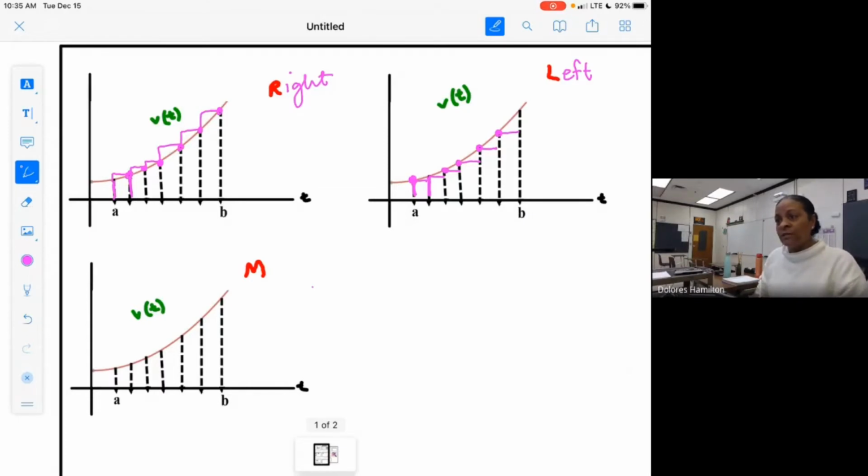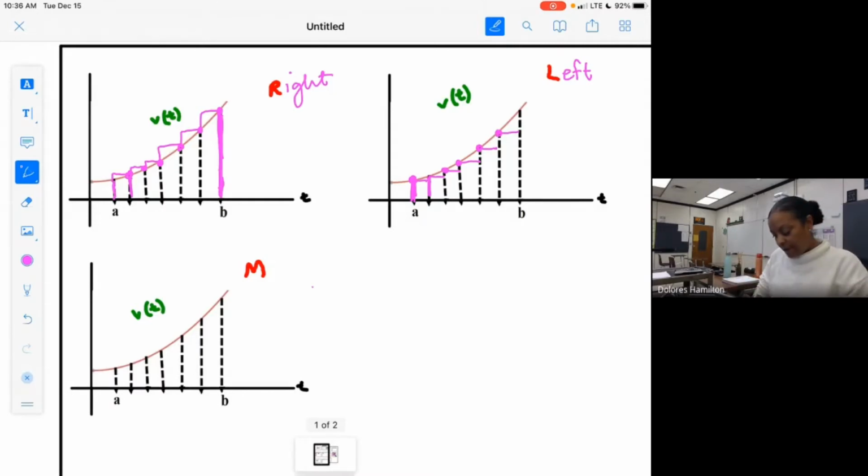So you'll notice for the right hand, in case this is of interest to you, we use our B value, but we don't use A, since you're using all of the heights to the right. For the left hand, we use the A value, but B isn't included in this.